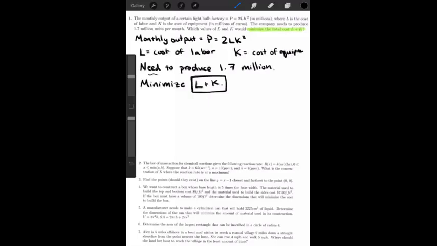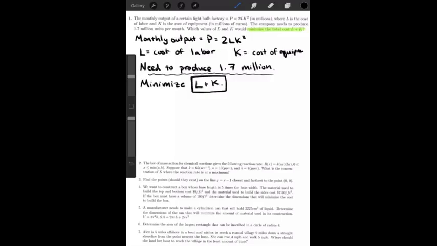Right? And this statement right here is the thing that's going to give us a constraint. Right? Because we already know a function that has L and K in it. It just also has P in it.